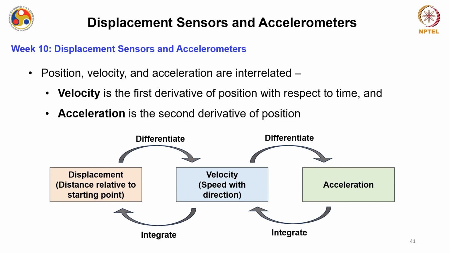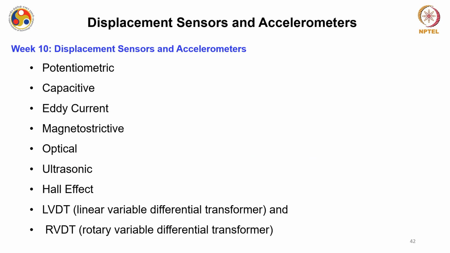We know that position, velocity and acceleration are interrelated, but we have also seen the conditions where, even if you obtain the position and know all the parameters, deriving the acceleration is very difficult, or in a practical sense can be very noisy. So learning about these devices individually is better.